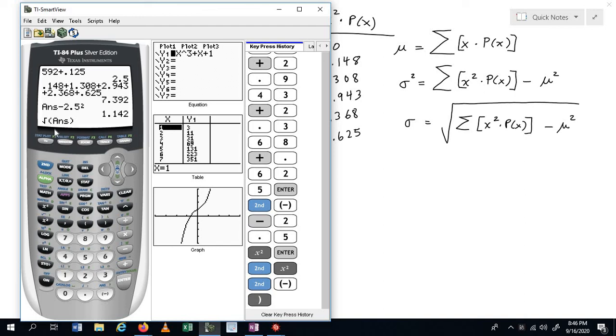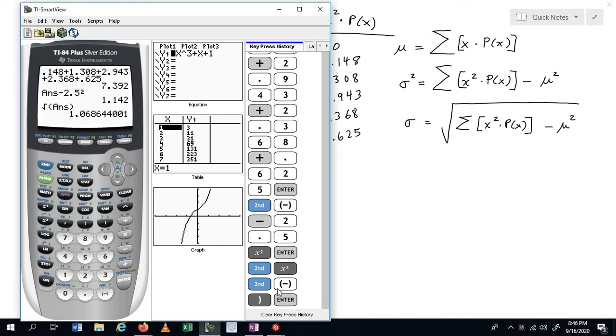It's going to take the square root of the previous answer, which is the 1.142. And now press enter, and that's the square root of that number. Okay, it's 1.06. And so that's sigma, right? That's the standard deviation for this probability distribution.